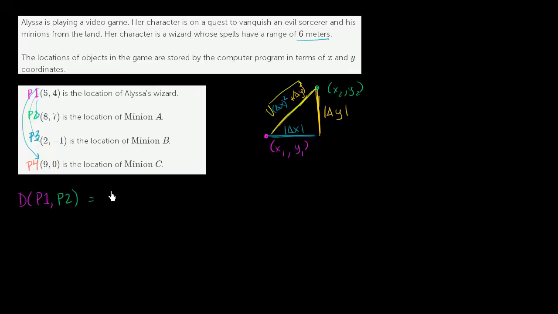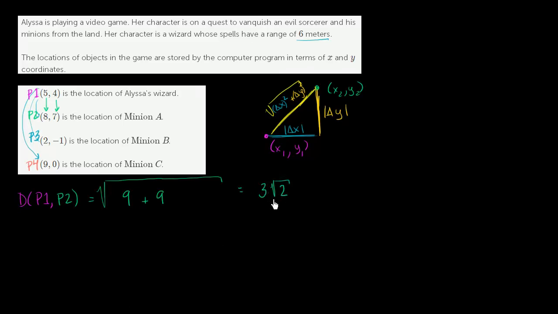Well, that's going to be equal to the square root of our change in x squared. So our change in x is 3. That squared is 9. Plus our change in y squared. Our change in y is also 3. That squared is 9. So this is going to be square root of 18, which is the same thing as 3 square roots of 2.